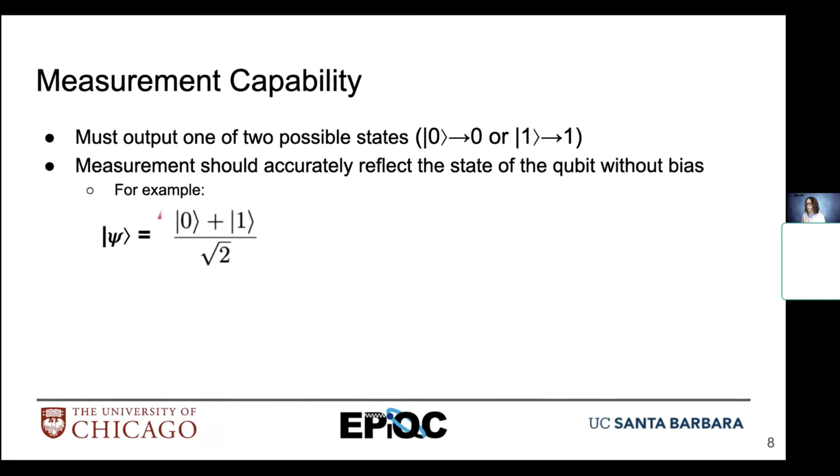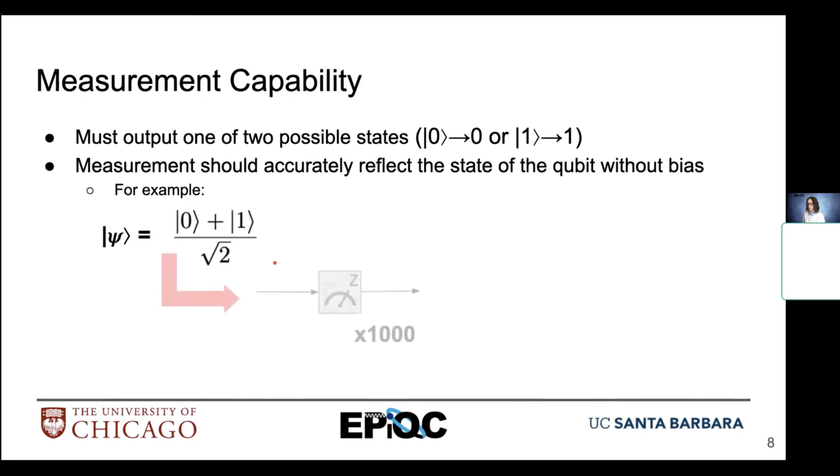If we look at the probability of observing either ket 0 or ket 1 for this state psi, we take the magnitude squared of each of the probability amplitudes. We know the probability amplitudes here are 1 over square root of 2, and 1 over square root of 2 squared is going to be 1/2. So we should get a 1/2 chance of observing a ket 0 and a 1/2 chance of observing a ket 1.